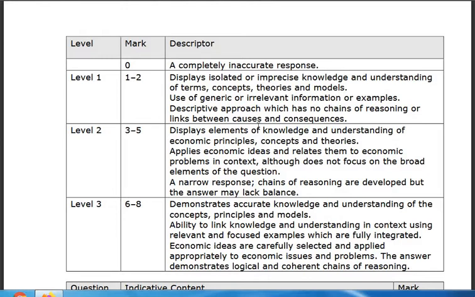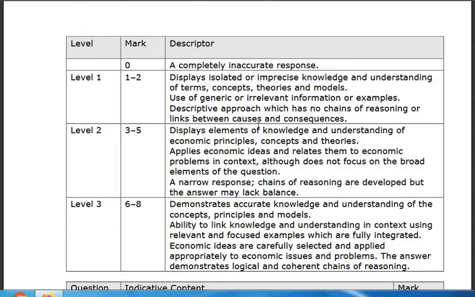Maybe you've got some chains of reasoning, but they're not particularly accurate or spot on to actually what the question was asking you. Level 3 is where you want to be. So to get full marks, you need to demonstrate accurate knowledge and understanding of the concepts, principles and models. So you know your stuff.